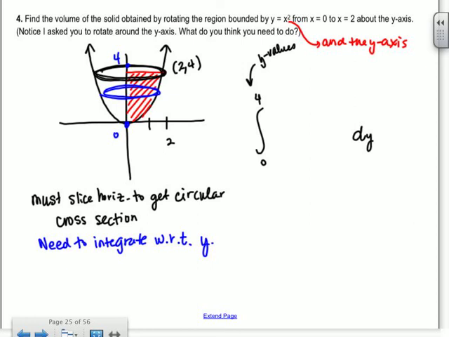I still want pi r squared. What's my radius? Yeah, so we had y equals x squared before. If I want it in terms of y, remember that means we solve for x. We get x equals, so that would be square root of y equals x. And it's actually plus or minus, but the side we want is the plus, right?